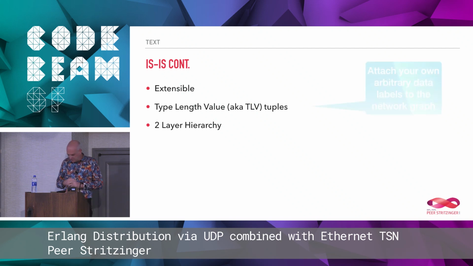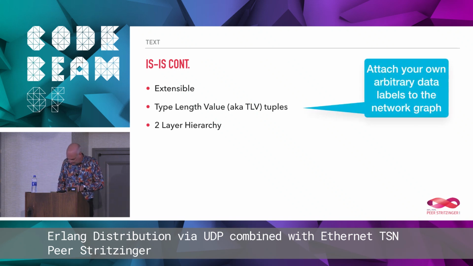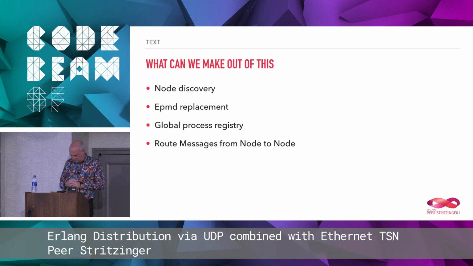The idea we have is that we can do parts of the yellow cloud you saw before in the routing protocol. So we could do node discovery, EPMD replacement, and the global process registry, even if you don't overdo it.